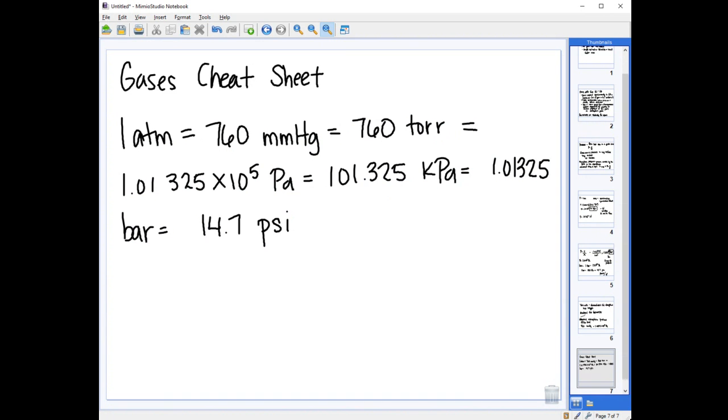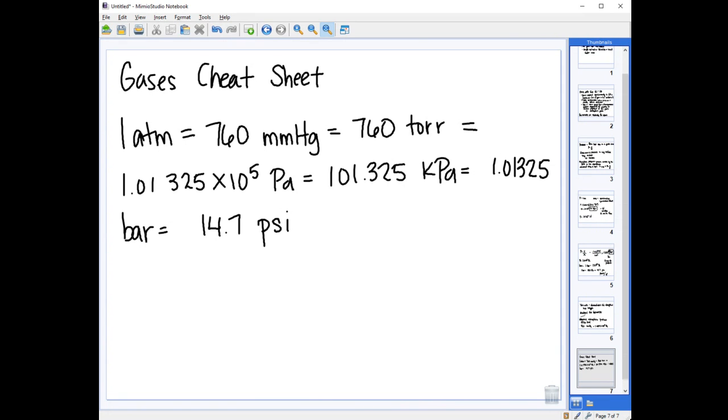So if pressure is given to you in kilopascals and you want to know pressure in torr, you can set up a conversion and figure that out. Make sure you get all of these down. These are also in your book on page 402, but it's worth having all in one place.